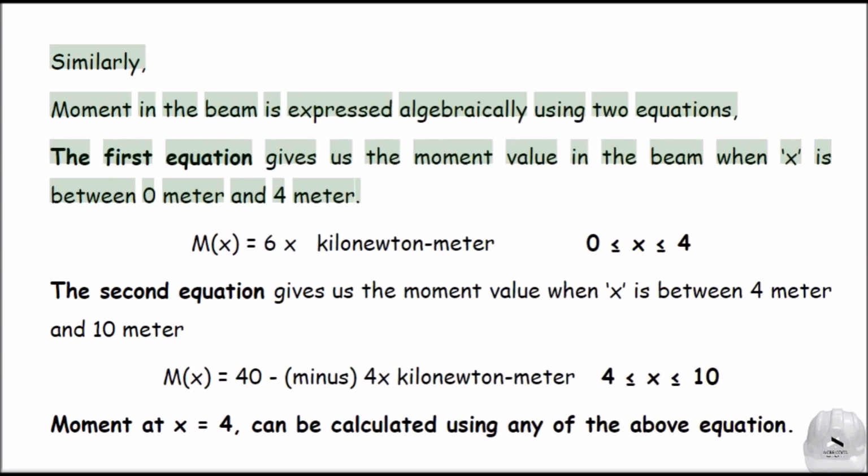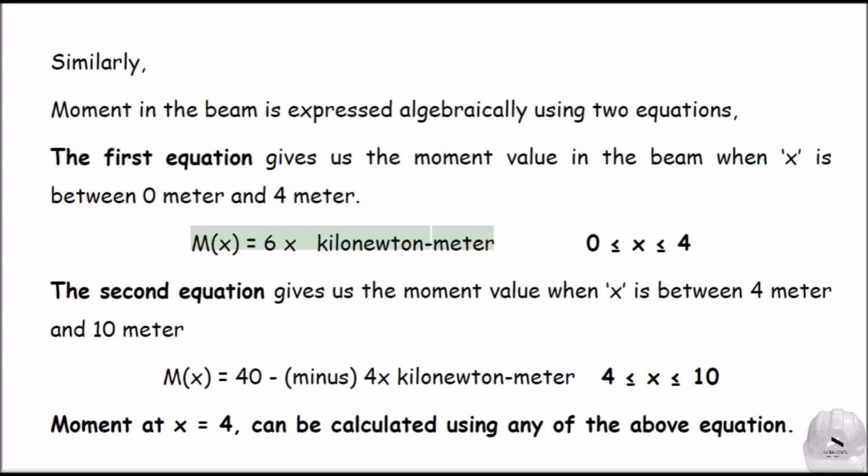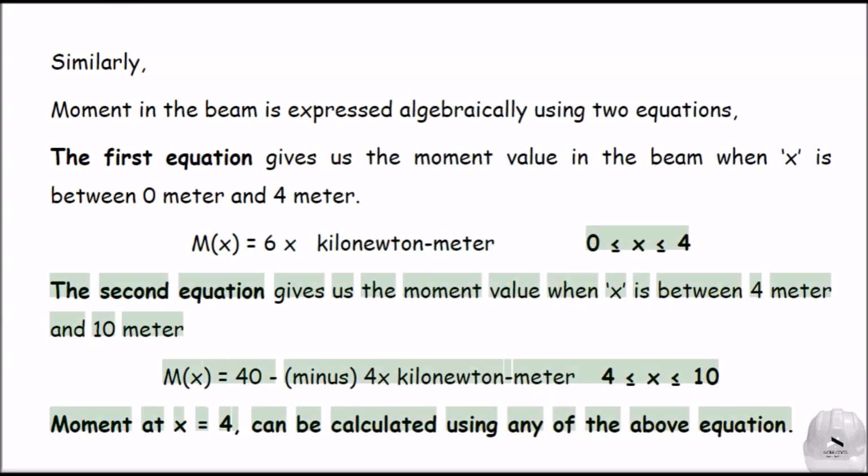Similarly, the moment in the beam is expressed algebraically using two equations. The first equation gives us the moment value when x is between 0 meter and 4 meter: M of x equals 6x kN meter, 0 ≤ x ≤ 4.